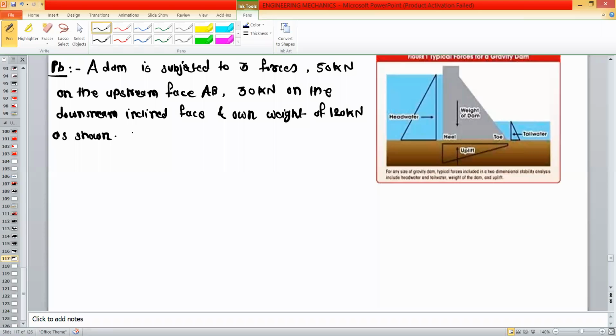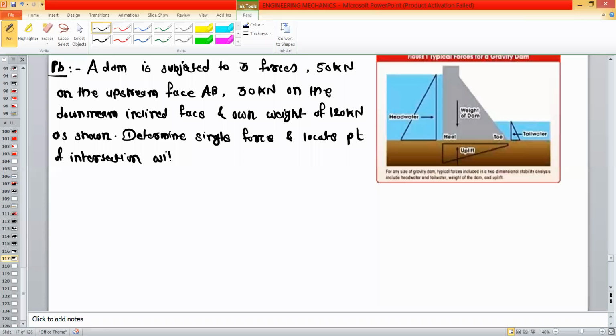Determine the single force and locate its point of intersection with the base AD, assuming all forces to lie in a single plane.